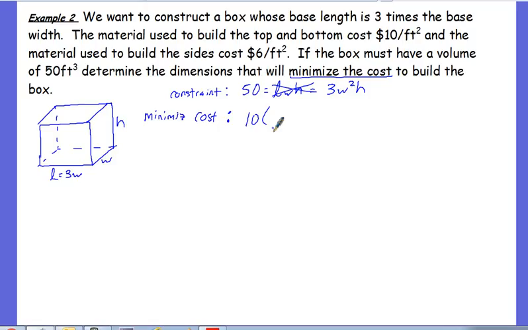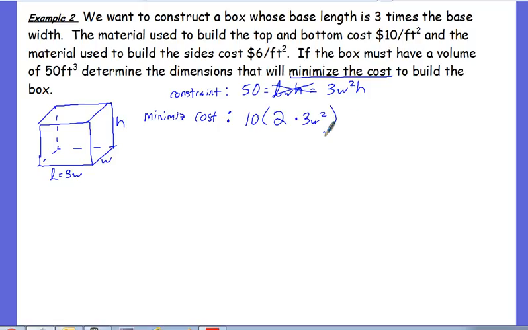How would you find the area of the bottom? 3W times W, which is 3W squared. Agreed? And I'm going to say there's going to be two 3W squareds. I know that I could write that as 6, but I just wanted to let you know that I have two, one bottom, one top. Agreed? We good? Everybody with me?